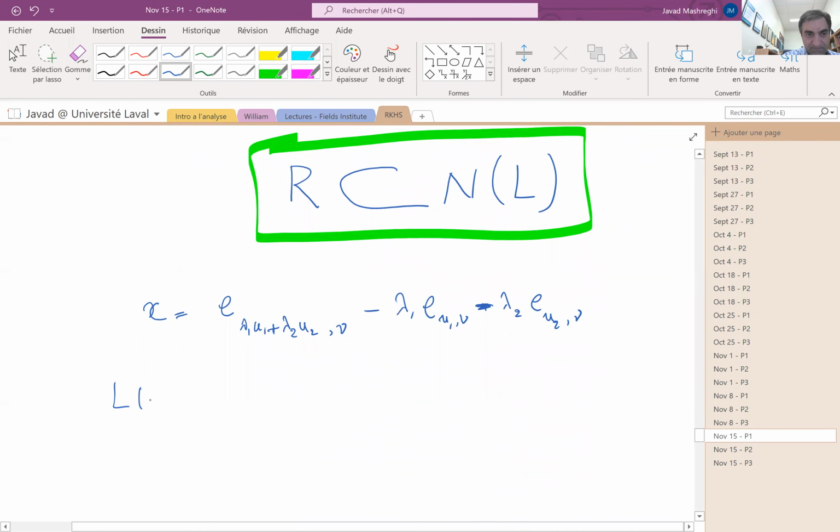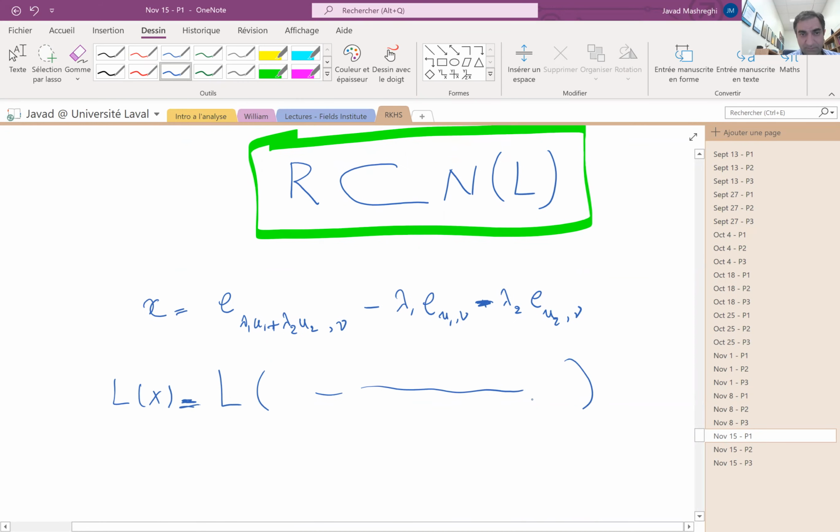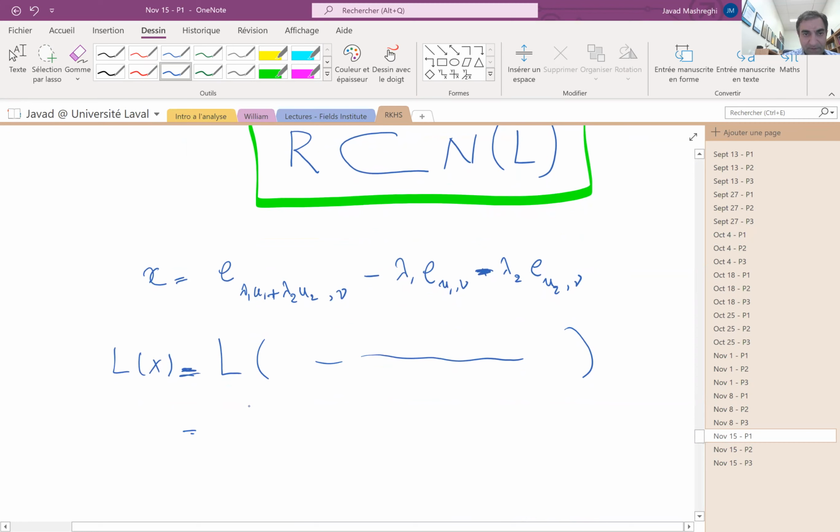L of X is L of the whole thing here. By linearity, it is L of the first element minus lambda 1 L of the second element.